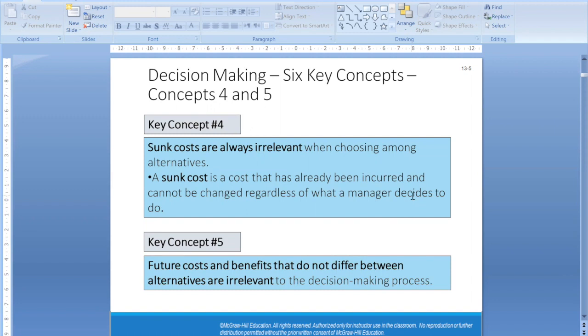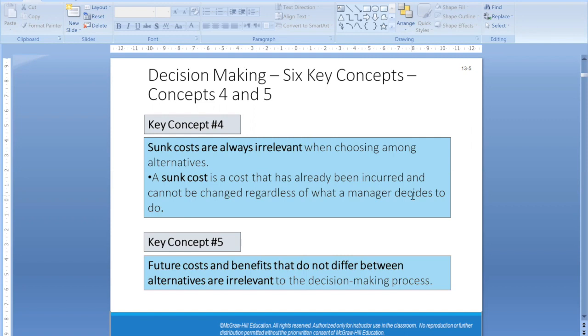Concept number 4, if you remember the word sunk cost, something happened in the past. Sunk costs are always irrelevant. Why? Because it happened in the past, because it is related to the past. So the sunk cost will be irrelevant for our decision.